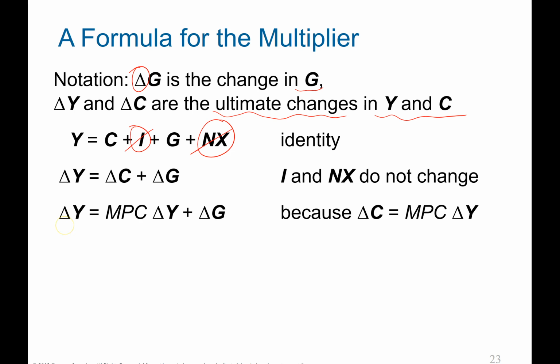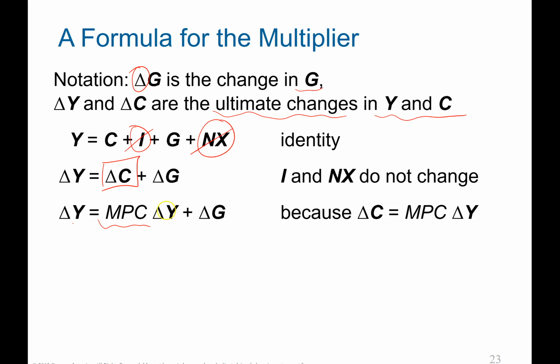So another identity here is that a change in income is going to be equal to that factor, the marginal propensity to consume, times the change in Y plus the change in G. And this is because the change in consumption is equal to, so we're just doing a little substitution here. Change in consumption really means how much of the income is going to be used for consumption, what percentage.